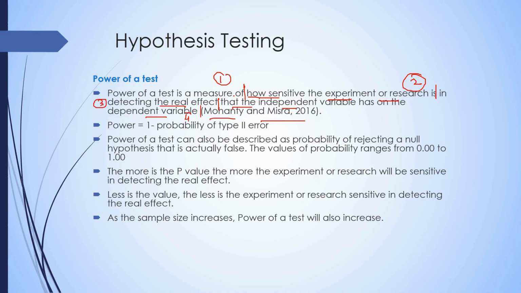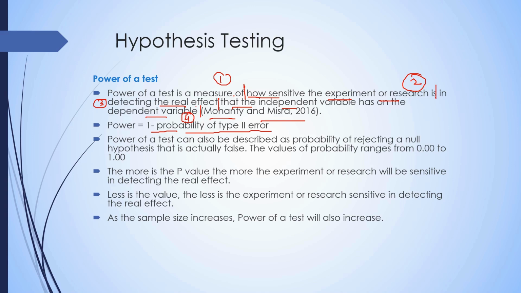So we have 4 parts to this. Power of a test is a measure of how sensitive the experiment or research is in detecting the real effect that the independent variable has on the dependent variable. Power is equal to 1 minus probability of type 2 error. We already learnt what type 1 and type 2 error is. Power would be 1 minus probability of type 2 error.